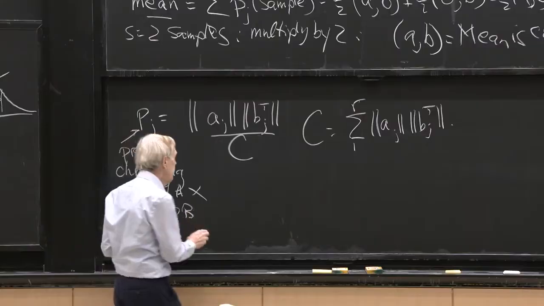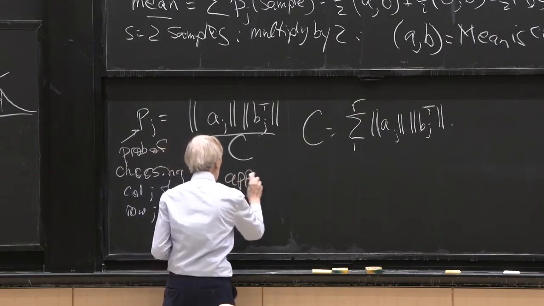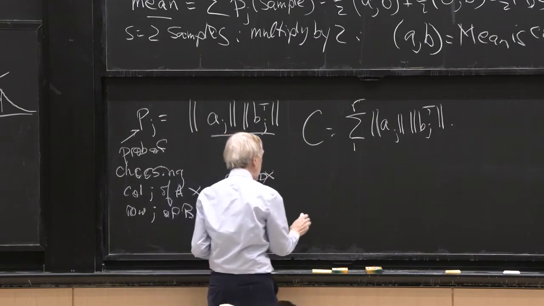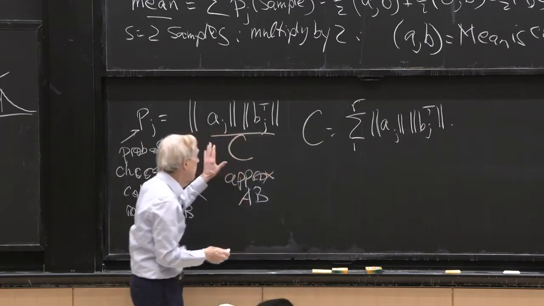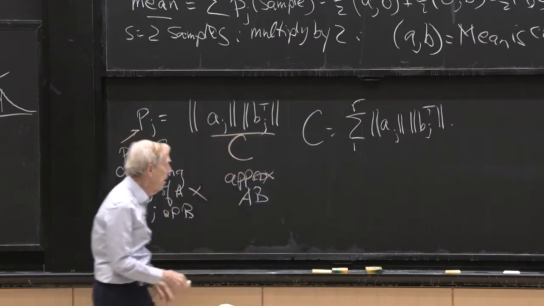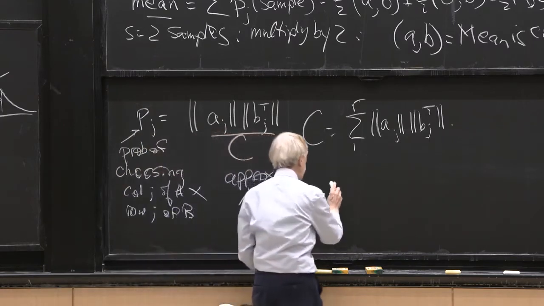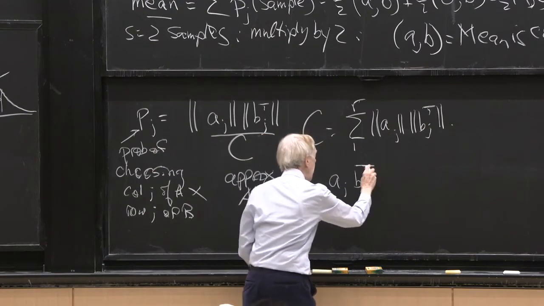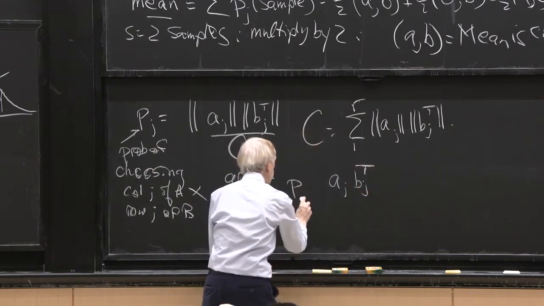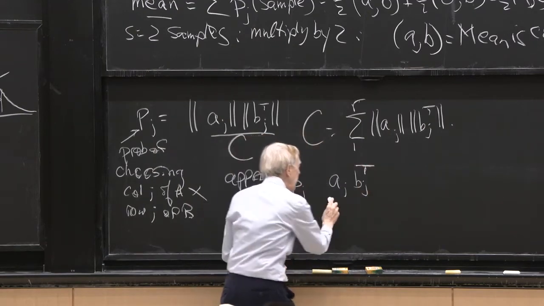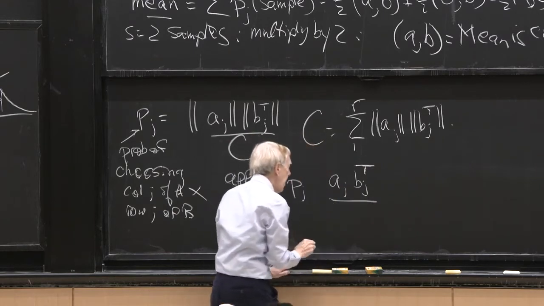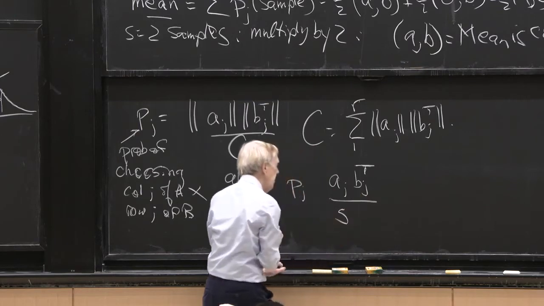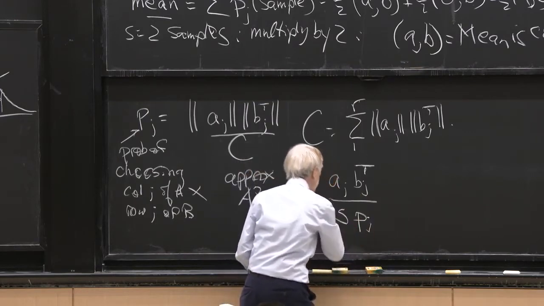So my approximate AB will be, I'll take the Aj, Bj transpose that comes out, which comes out with probability Pj. But I'm going to divide this by, and I think this is the right one, S, the number of samples, times Pj.